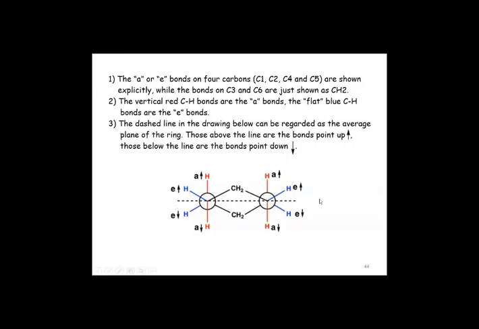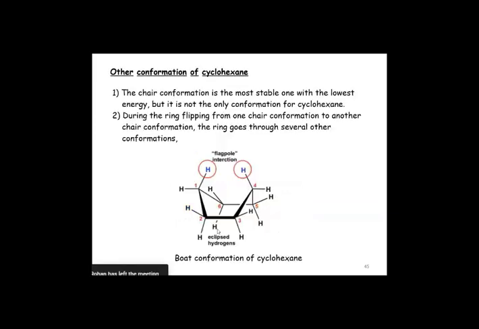This is the average plane. So this represents lying up, lying below, up, below. Okay, so using this Newman projection method, in this way we can represent the chair conformation of cyclohexane. Now let us see the next conformation.